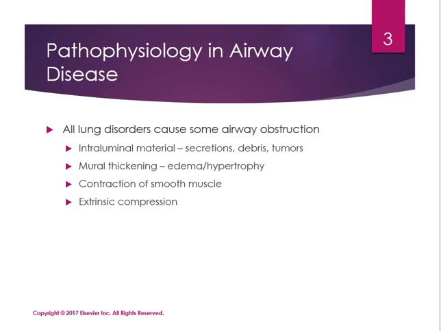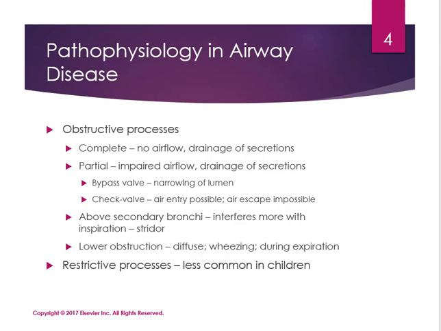To have an airway disease, we know that lung disorders have some form of airway obstruction, whether that's intraluminal, caused by secretions, debris, or tumors, thickening, contraction of the smooth muscle, or any extrinsic compression. Obstruction can be either complete with no airflow, drainage of secretions, or partial where there's impaired airflow and some drainage of secretions.